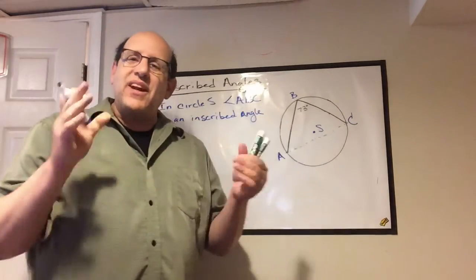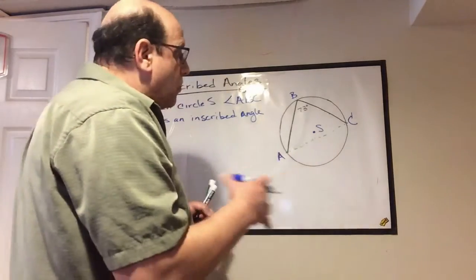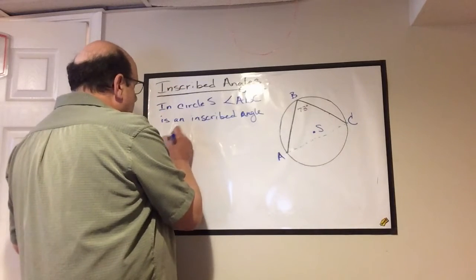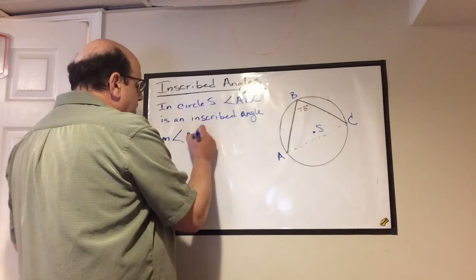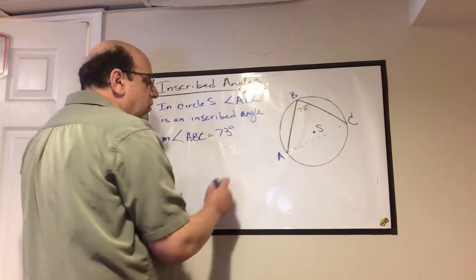Okay? And now that I know that it's an inscribed angle, all I have to do is say the measure of ABC is 73 degrees.